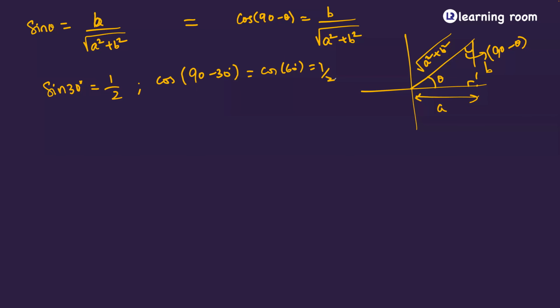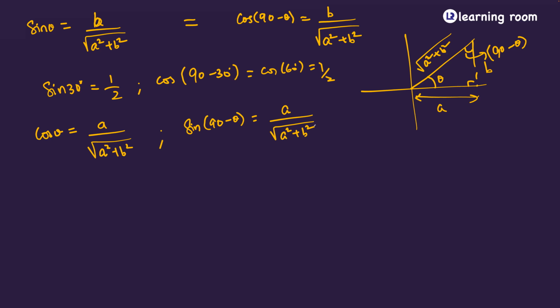So similarly, cos theta is going to be A by root of A square plus B square. What about sine of 90 minus theta? For 90 minus theta, the opposite side is A. So that's why they both will be the same. Using the same logic, tan theta will be equal to cot of 90 minus theta, and cot theta will be equal to tan of 90 minus theta.